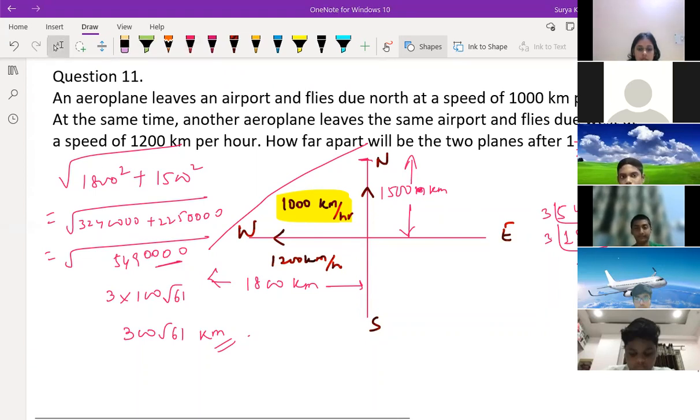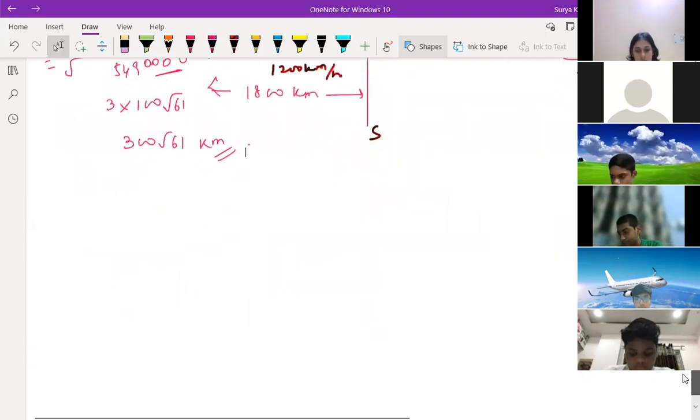So now the next question is a very, very easy question. All of you try, children. Question number 12. If you draw the diagram, then you can do this question easier.